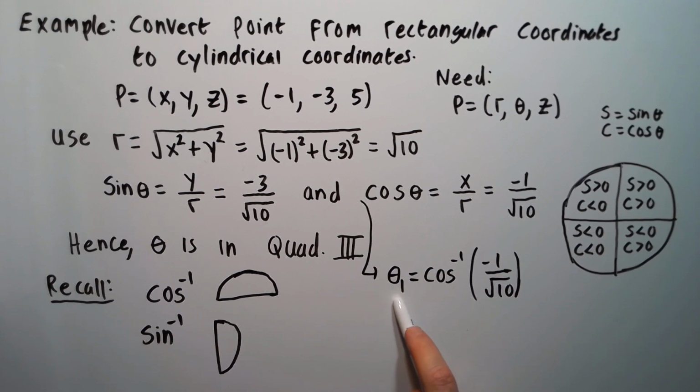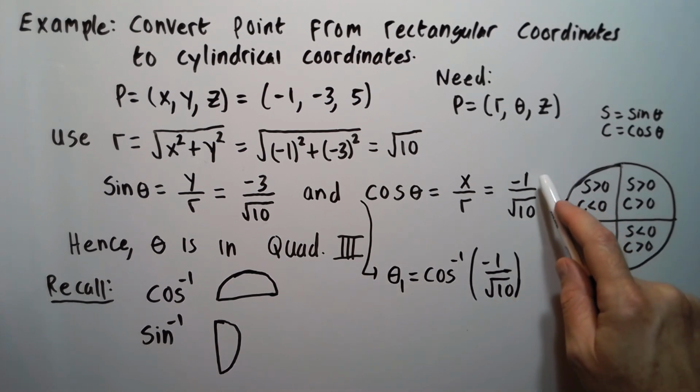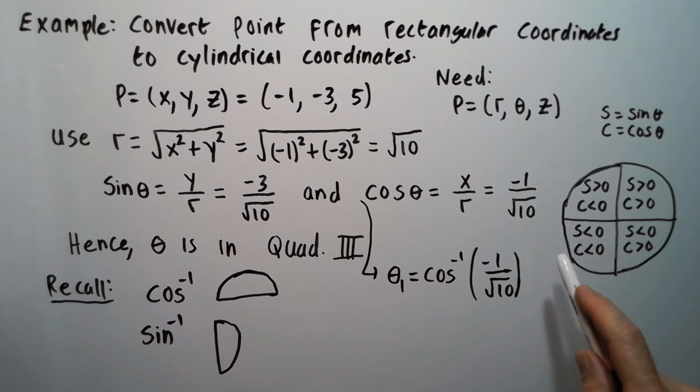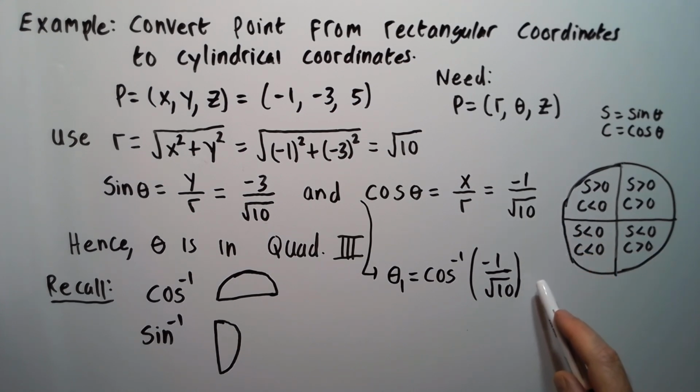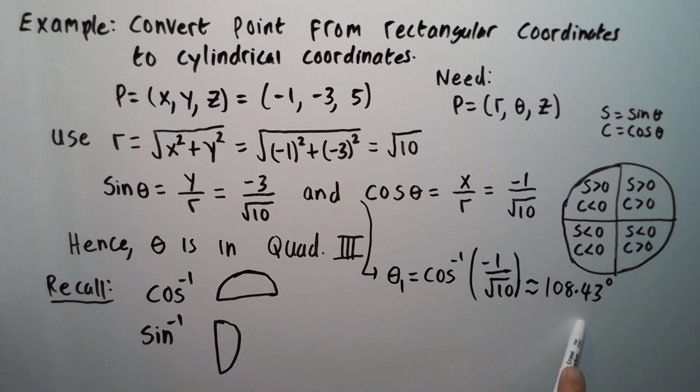Call it theta 1, the inverse cosine of -1 over the square root of 10. Plug this in your calculator. My answer is going to be in degrees, so put your calculator in degrees. It looks like it's 108.43. But again, that's giving me the answer in the second quadrant, so I'm going to have to adjust it to put it in the third quadrant. Let me draw a picture.